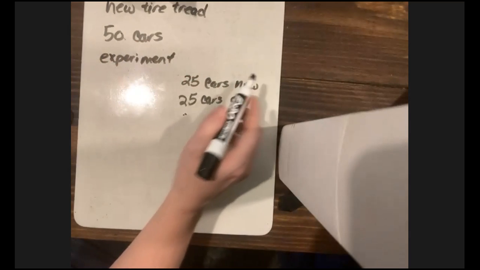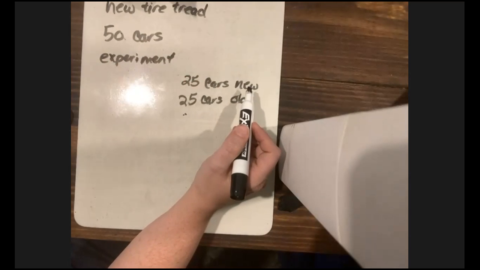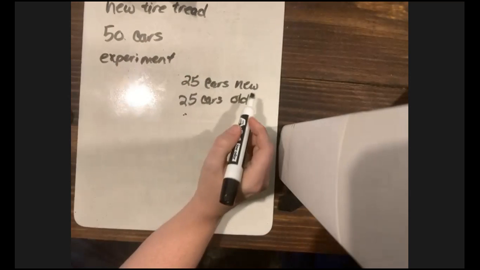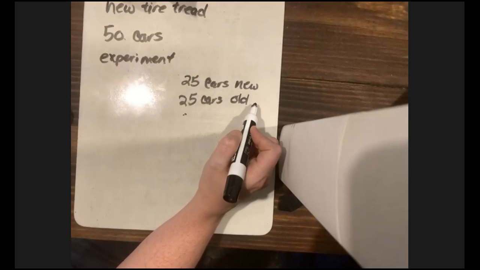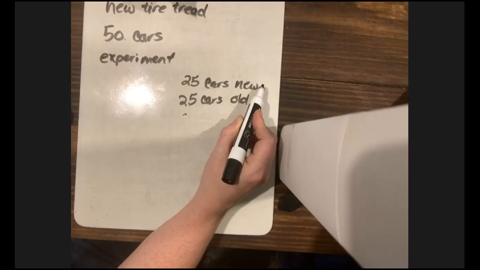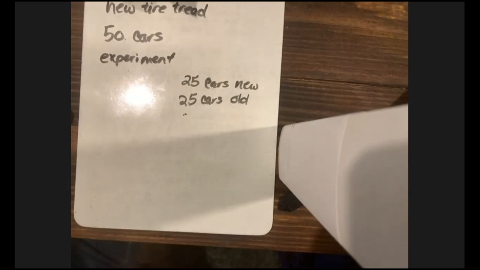We could run this, put them on crash dummy type setups, and see if the stopping distances are shorter for the new ones versus the old ones. Is there less skidding? Whatever we're looking for, this would be more of an experiment type setup.